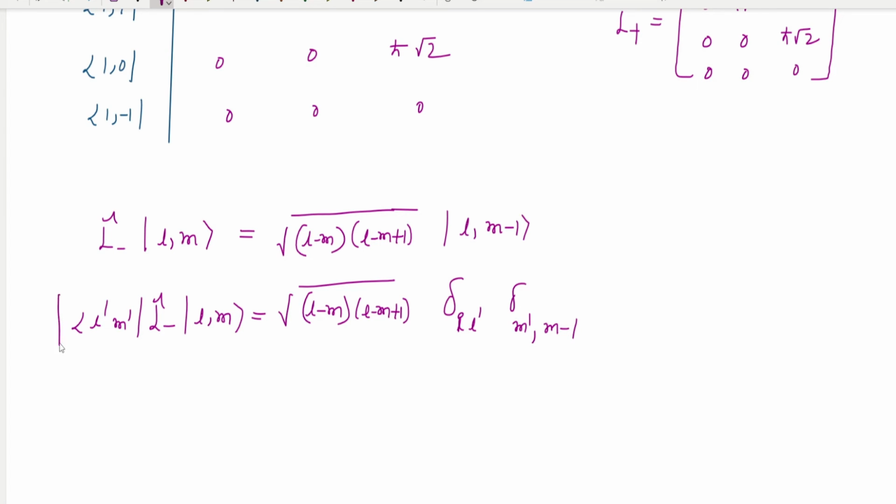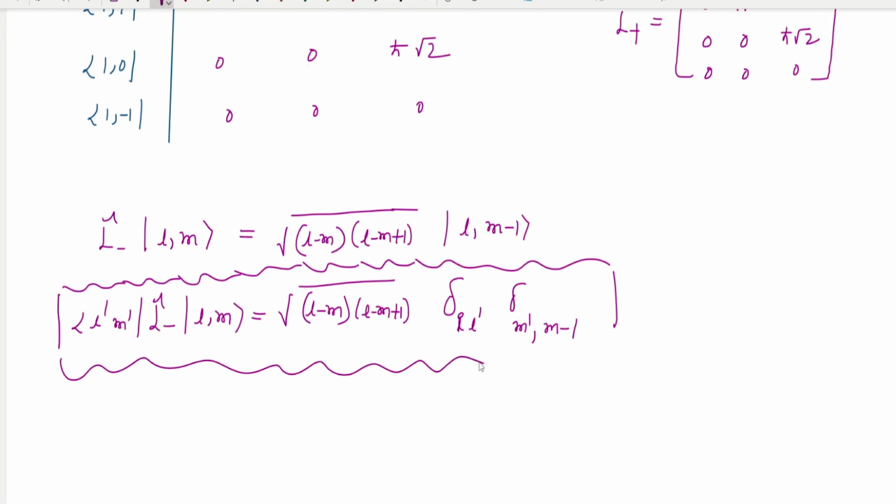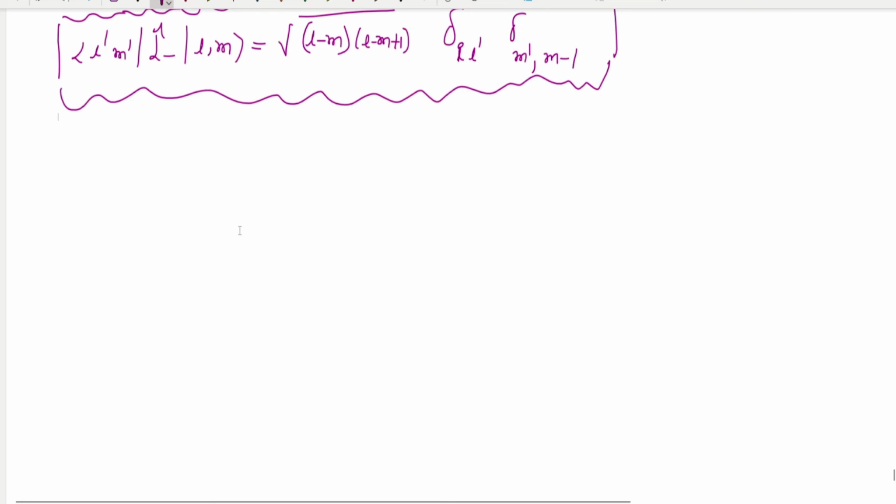This is the final formula that we want. Okay, then you can check the matrix formation. So I'm going to write here the final answer. You need to check this one because the time is going to increase. The L minus, right? L minus.